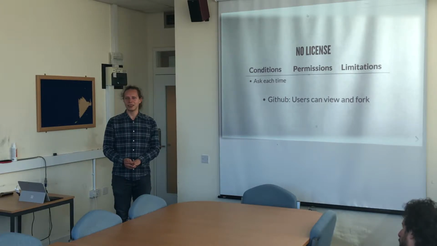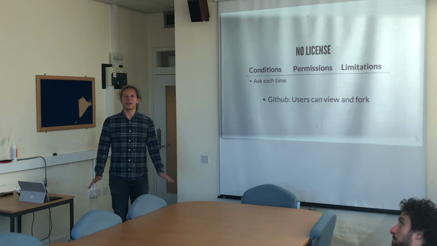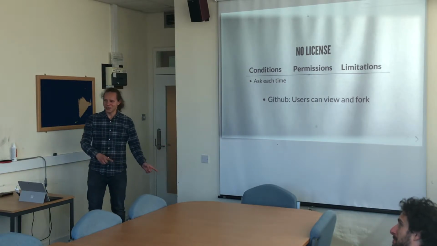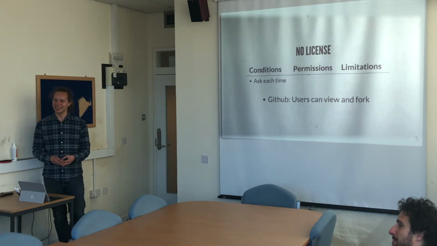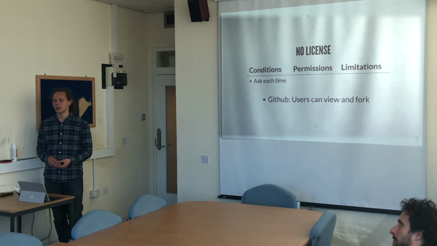So they cannot pull, but they can fork. Okay? You can give permission to pull. Is it possible to have a repo on GitHub that logged out users are not allowed to clone? Technically they can clone in the same way as usual, but you have not explicitly given permission to do that.